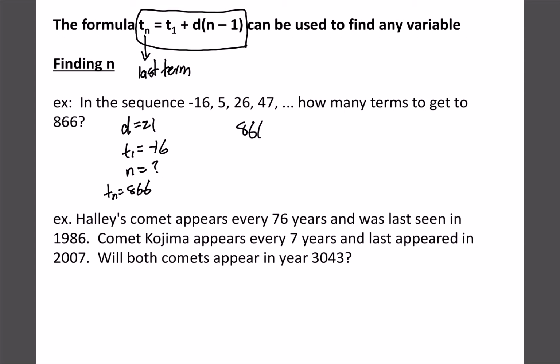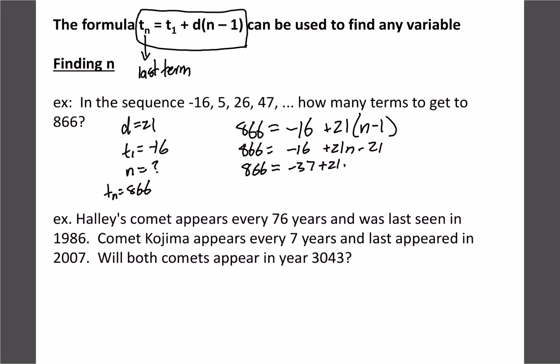So we have 866 for our last term. Term 1 is negative 16. Our d is 21. And we have n minus 1. Let's just FOIL that out and solve. We did a question kind of like this before. When you multiply the 21 out, then you want to combine your like terms. We'd have 866 is negative 37 plus 21n.